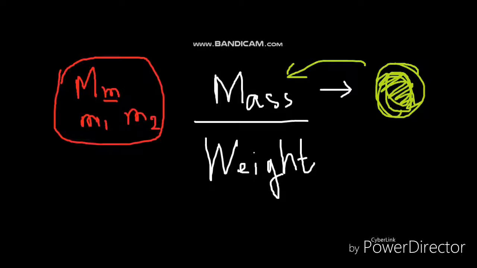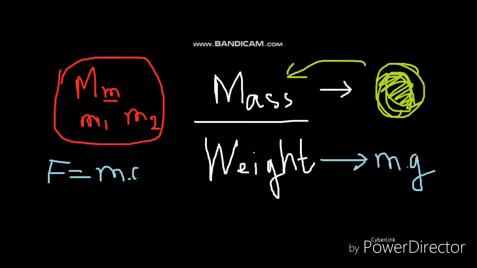So what will be the weight now? When you're talking about weight, this will be mass times g, mass times gravitational acceleration. That means the force we get from the law of Newton was mg, and this F is actually the weight.